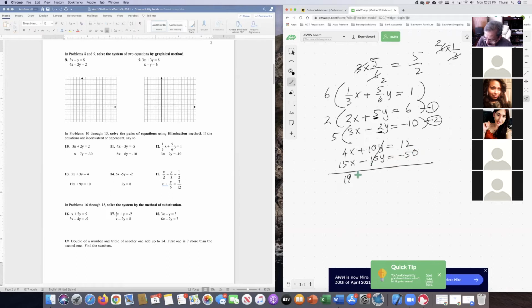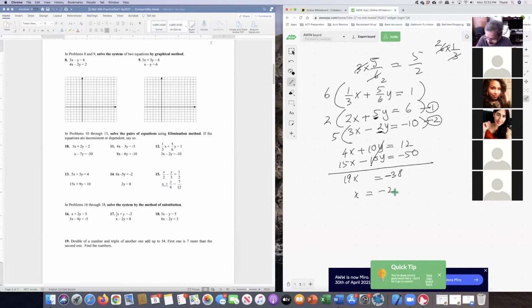So I have 19x equal to minus 38. Dividing by 19, x is equal to minus 2. So I found the x. All I have to do is go back to one of the original equations.